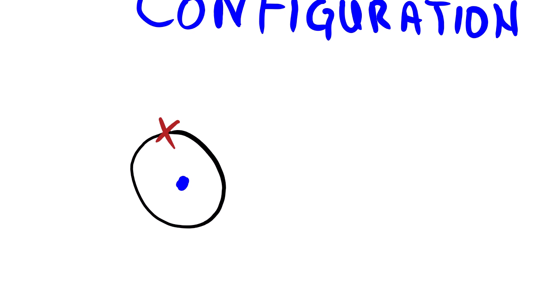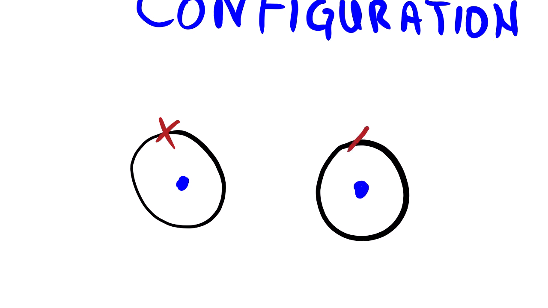The electronic configuration of helium is almost the same thing, but instead of a single electron, we have 2 electrons, and within the nucleus we have protons. For helium, we have 2 protons and 2 neutrons.